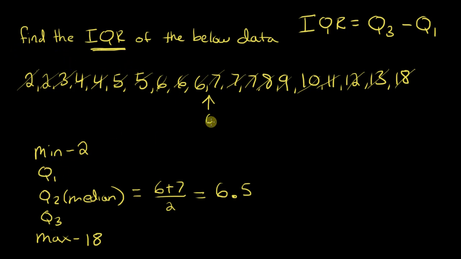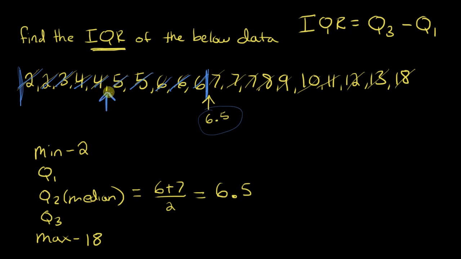Now, finding the first quartile. Let me write 6.5 here. To find the first quartile, that's going to be directly between the first observation here and right here. Usually you don't include the median, but the median here is not a real observation. It's the 6.5. So I'm just naturally not going to include it when I am finding my first quartile. So I'll cross off 2, then 6. 2, 6, 3, 6, 4, 5, 4, 5.